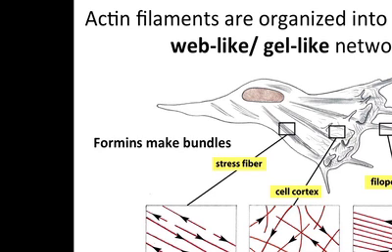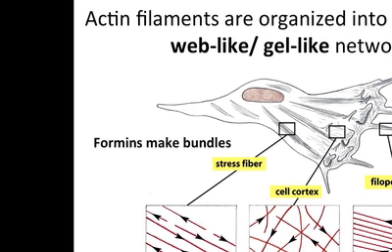So formins make bundles, such as contractile bundles, and the Arp2/3 complex makes webs or gels. These different structures of actin function in different processes. For example, at your cell cortex, when the cell is moving forward and you have a leading edge, that is nucleated by Arp2/3.